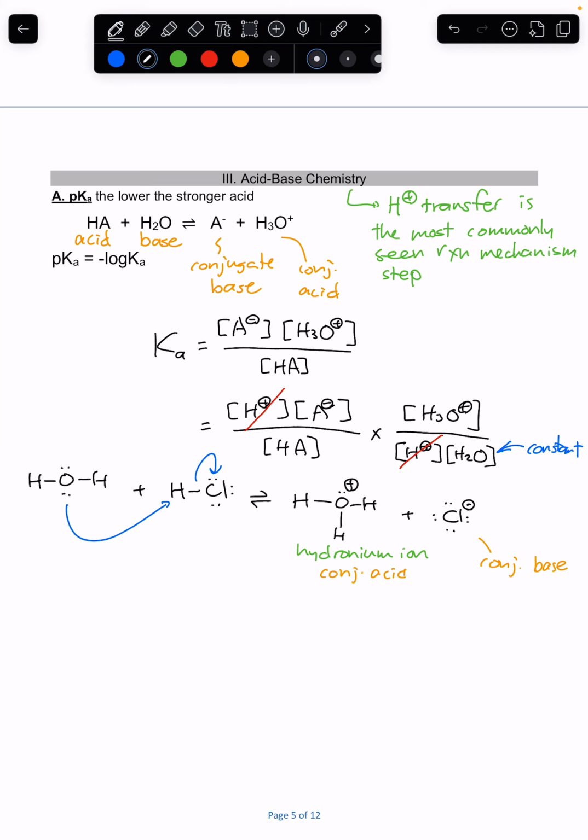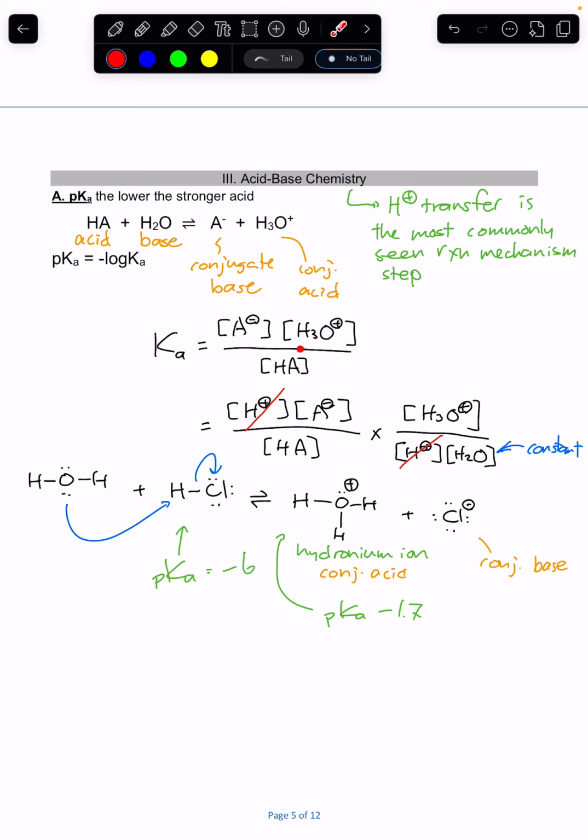And this is the direction of the reaction. How do you know? Because the pKa of this guy is around -6, and the pKa of this guy is around -1.7. They're both kind of a strong acid, but let's think about this. Remember, the pKa, the lower the stronger the acid, right? Why is that?